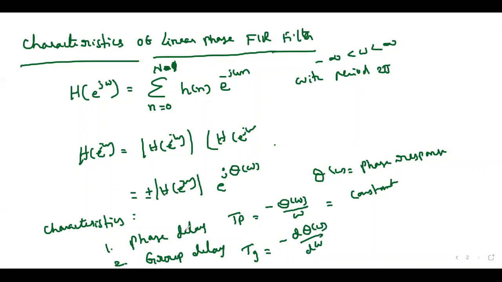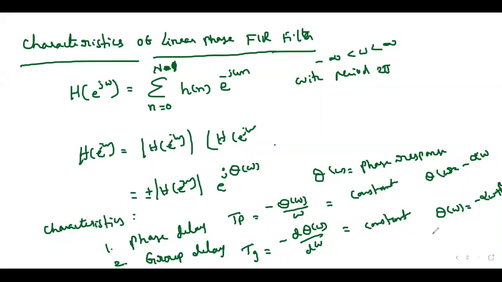Sometimes phase delay may not be constant, but group delay must be constant in order to avoid phase distortion. So if group delay is constant, then we can say theta of omega is a linear phase filter. But whenever only the group delay is constant, then theta of omega has a linear relation but with some initial shift. Whereas when both are constant, then theta of omega does not have any initial shift. It has a direct linear relation from 0.